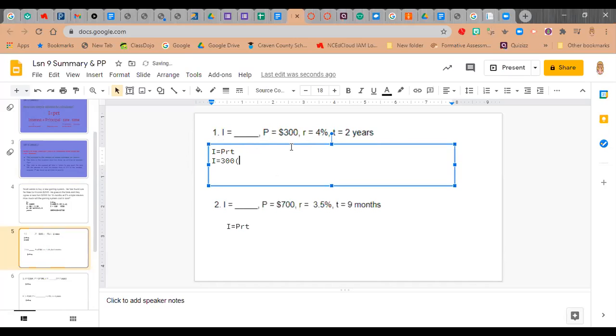I'm going to multiply that by what? 0.04. There you go. And then can I multiply it by 2? Yes, because it's in years.